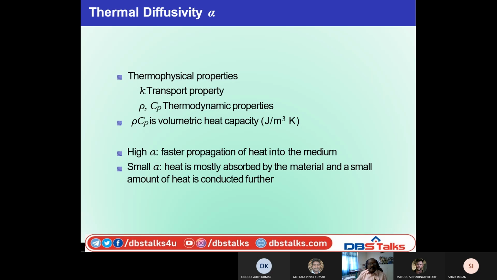So here thermal diffusivity is defined as alpha. Among the thermophysical properties, k is the transport property, and rho and Cp are thermodynamic properties. Rho means density and Cp is specific heat at constant pressure. Rho Cp is the volumetric heat capacity.